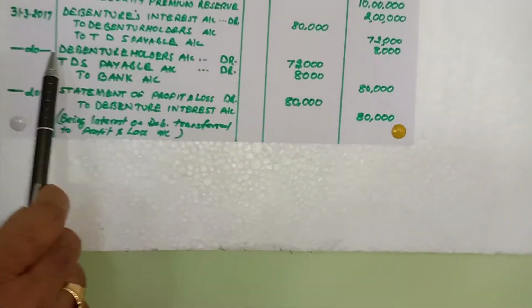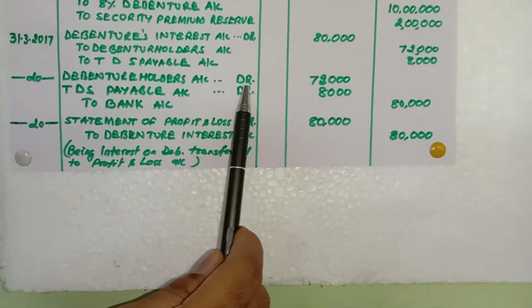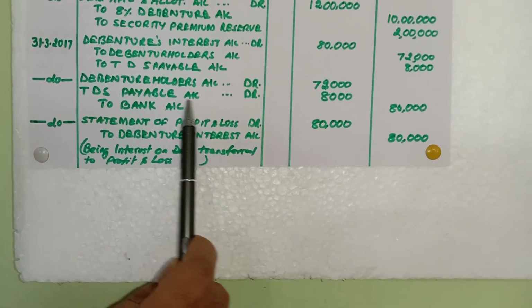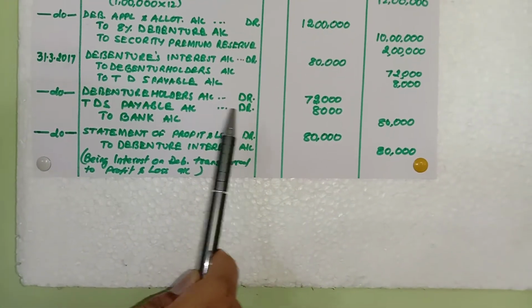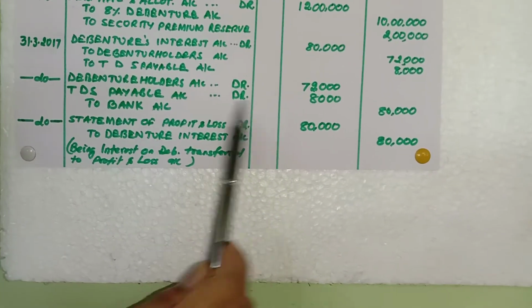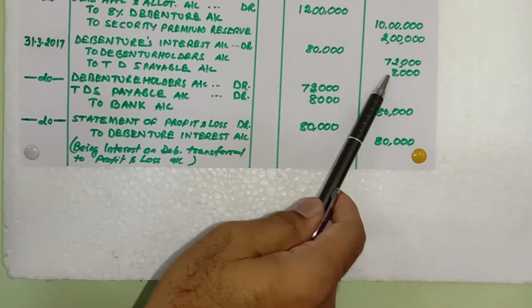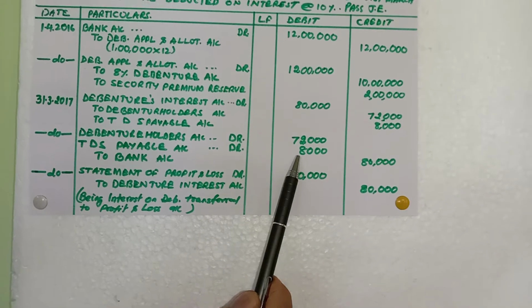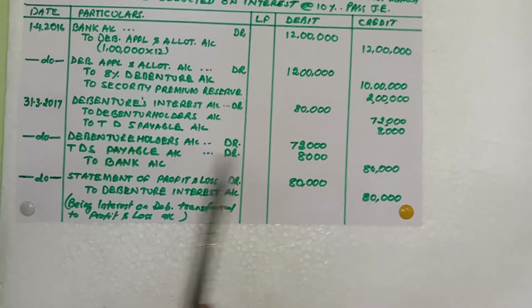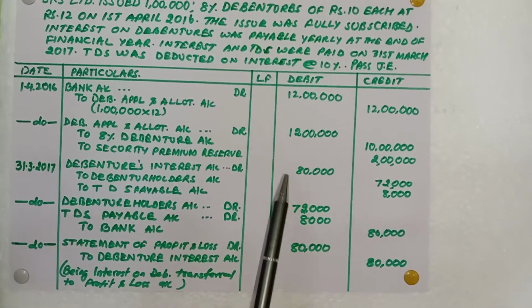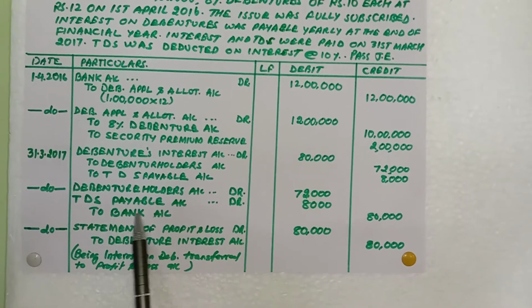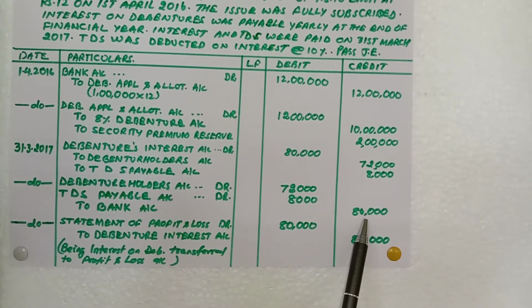Then second entry, same date, debenture holder account debit, TDS payable account debit to bank. So we have to reverse this. That is 72,000 comes here, 8,000 comes here, and 80,000 comes down. So you can see the total interest which was 80,000, now through bank the company is paying, so it is going out.